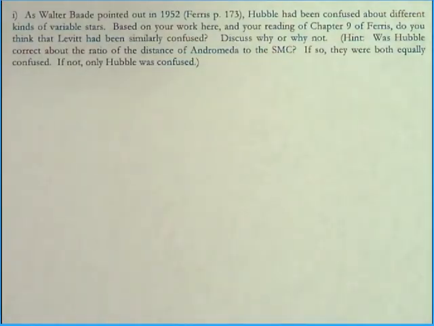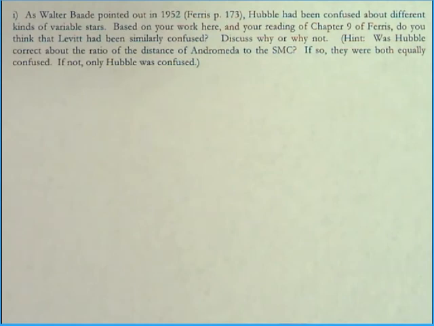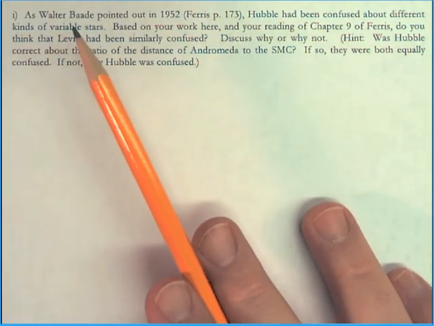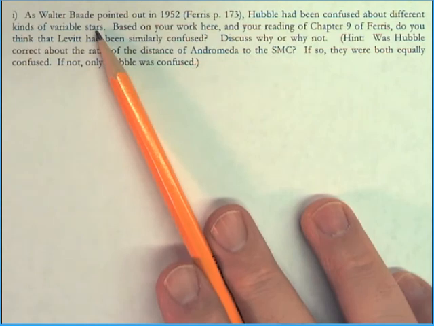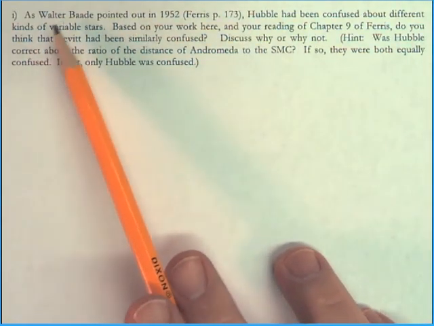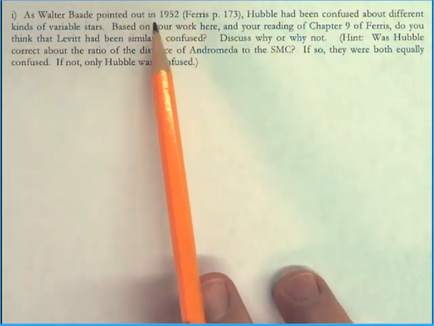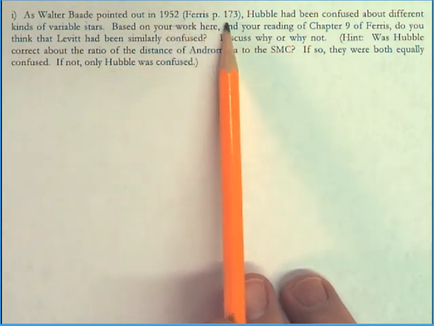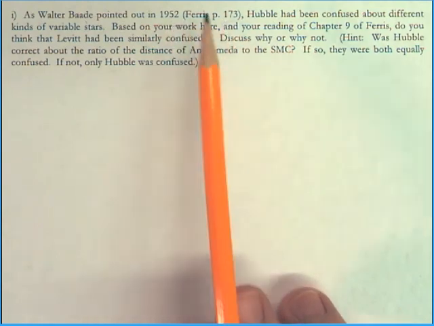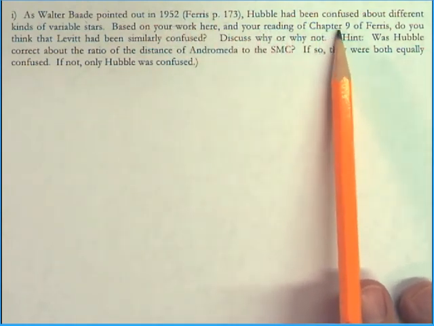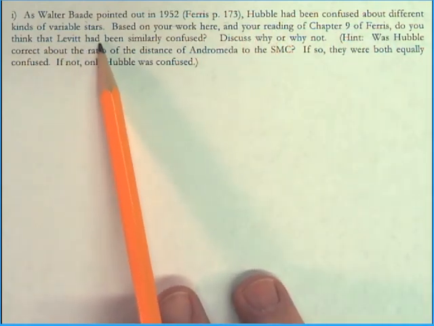Now, the last part of this sheet is something for you to do after doing the reading. But it points out that there was somebody named Walter Baade who pointed out in 1952, and there's a citation to Ferris, that Hubble had been confused about different types of variable stars.